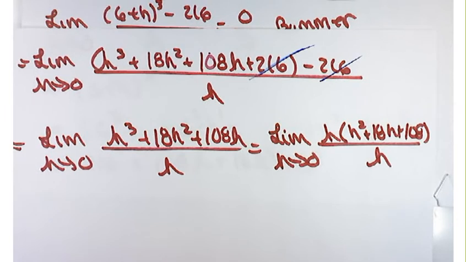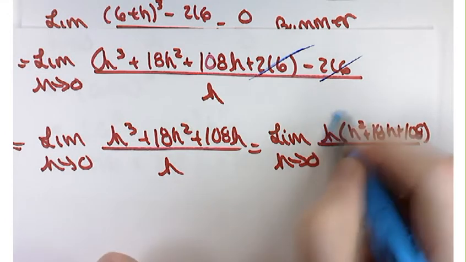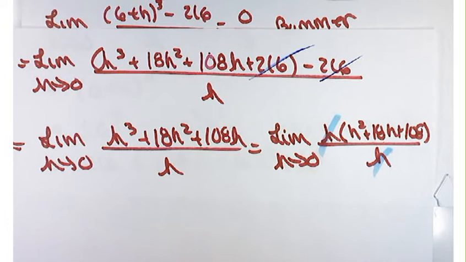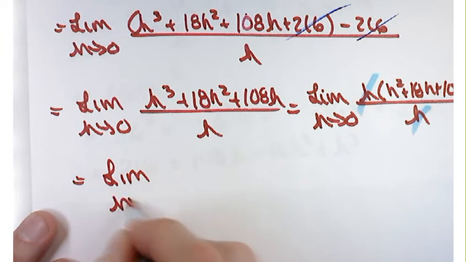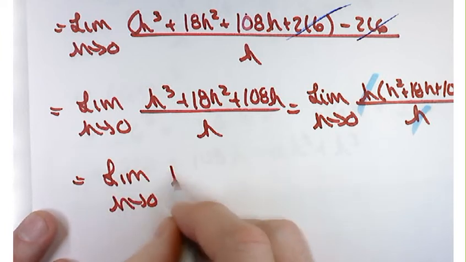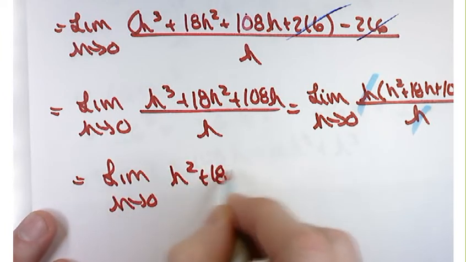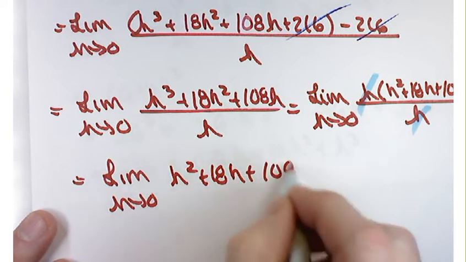I just factored out the h, right? Now the h can cancel. Now we're left with the limit as h approaches 0 of h squared plus 18h plus 108.